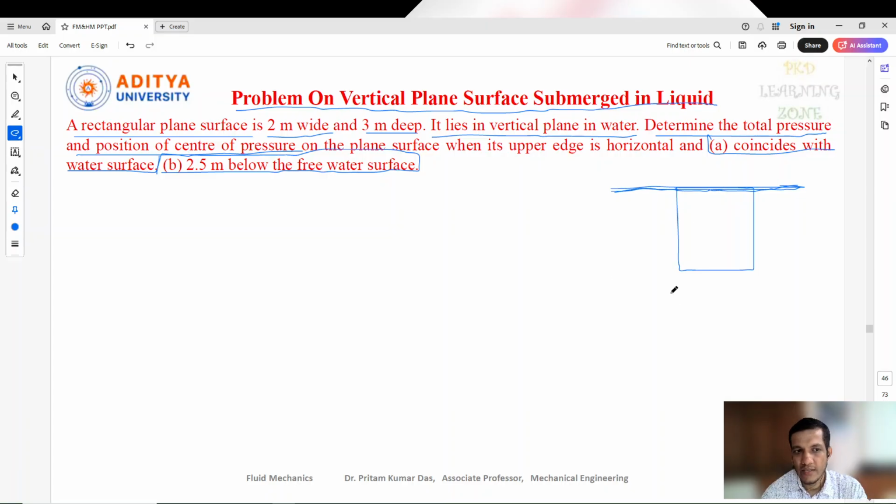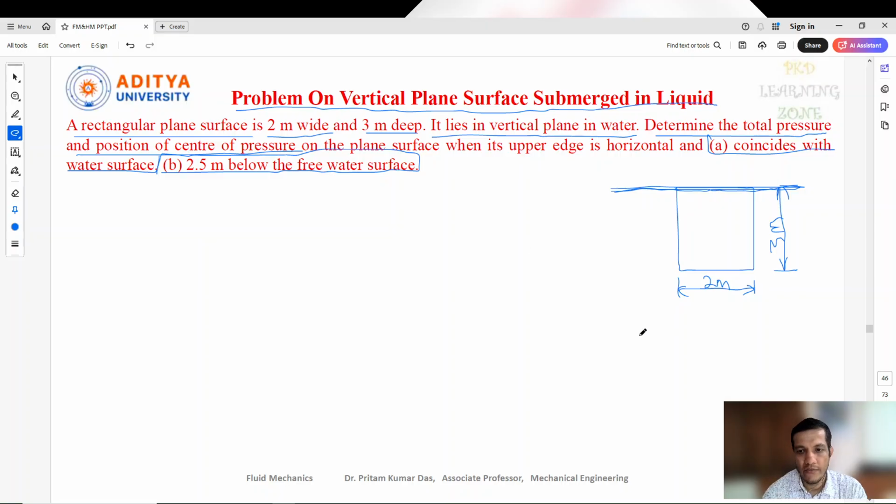What are the dimensions of this rectangular plane surface? The width is 2 meter, and the depth is given as 3 meter. It lies in the vertical plane in the water. Now this is one condition.